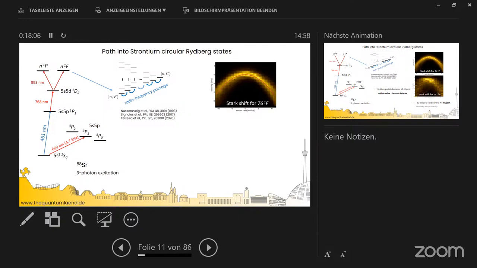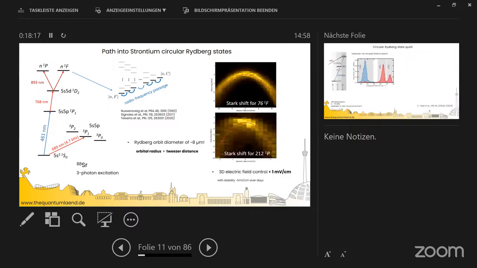We apply voltages to our electrodes, and just to see how good we are, we went up in principal quantum number to a state with quantum number 200. That's a big effect. The orbit of this atom is 8 miles, so the electron actually reaches into the next field. This requires a field stability well below a millivolt per centimeter over days and weeks.